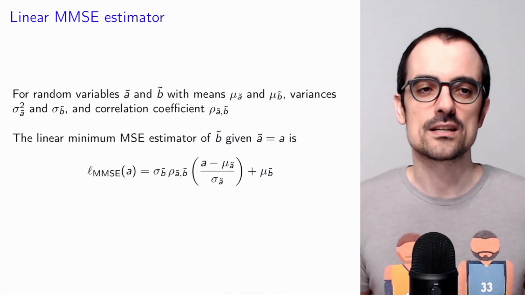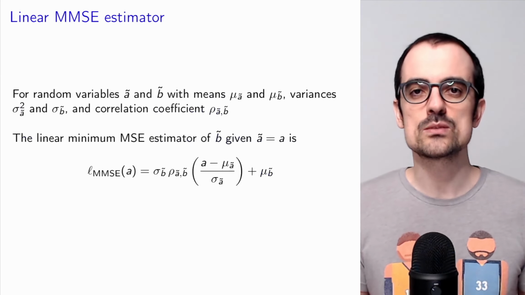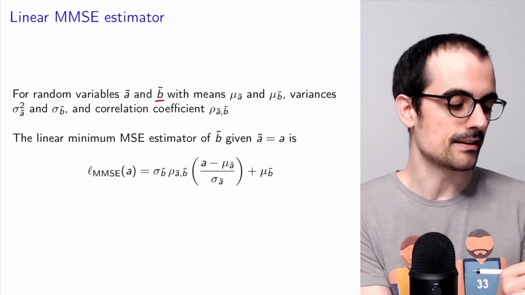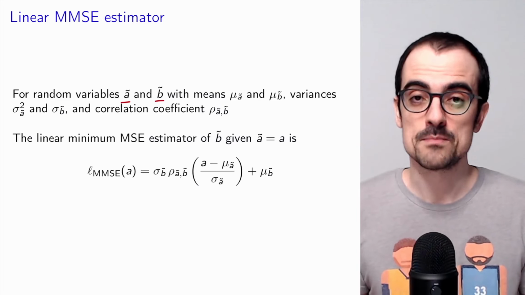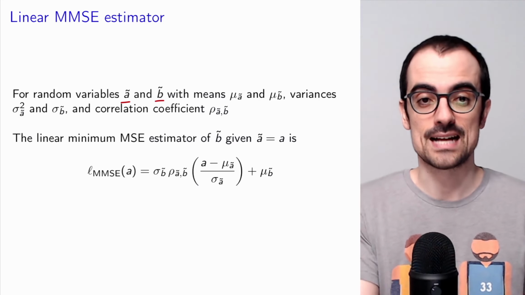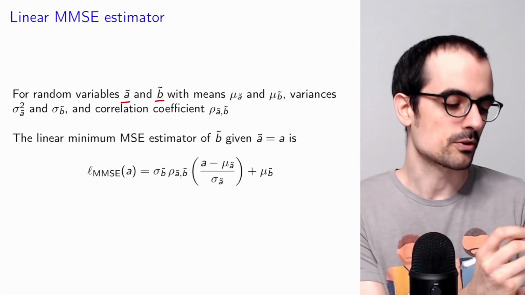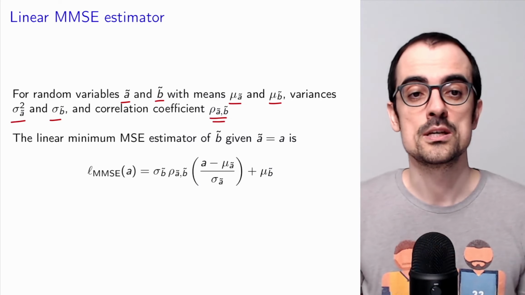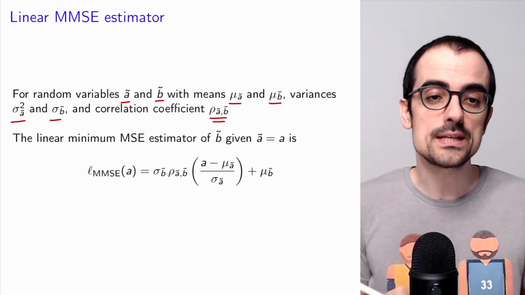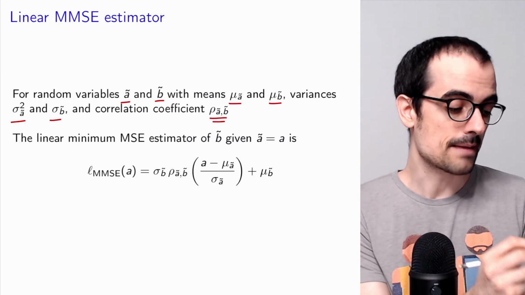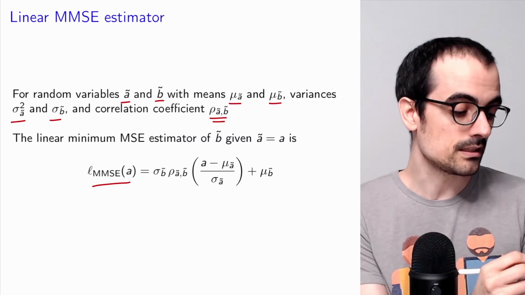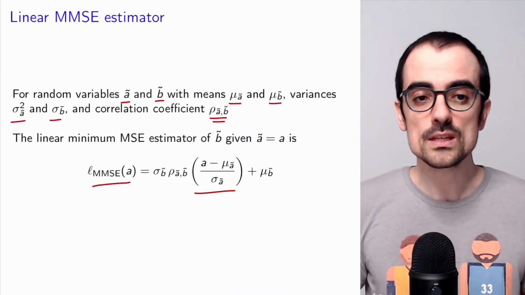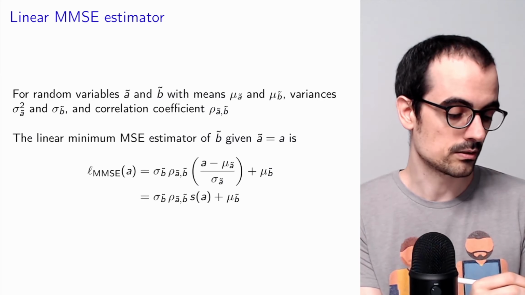In order to do that, we have to remind ourselves what the linear MMSE estimator is, which is the best approximation of a random variable B given a random variable A, which is affine, meaning that we are only allowed to scale A and have an additive constant. In terms of notation, this is the mean of A, mean of B, variances of A and B, and this is the correlation coefficient between A and B. Just to remind you, this is the minimum MSE estimator, which is obtained by taking the standardized version of A, where you subtract the mean and divide by the standard deviation, which we call like this.